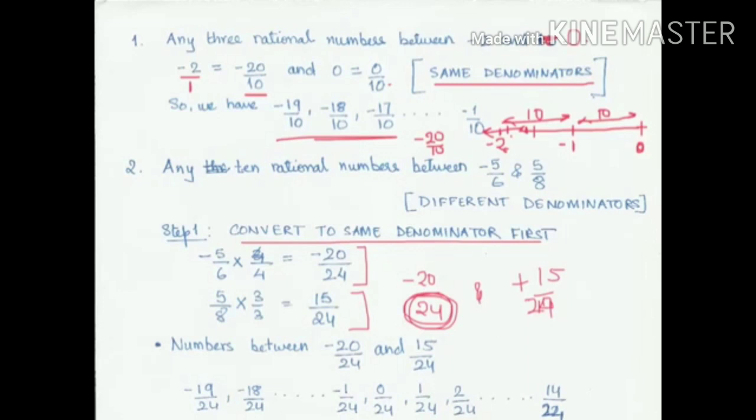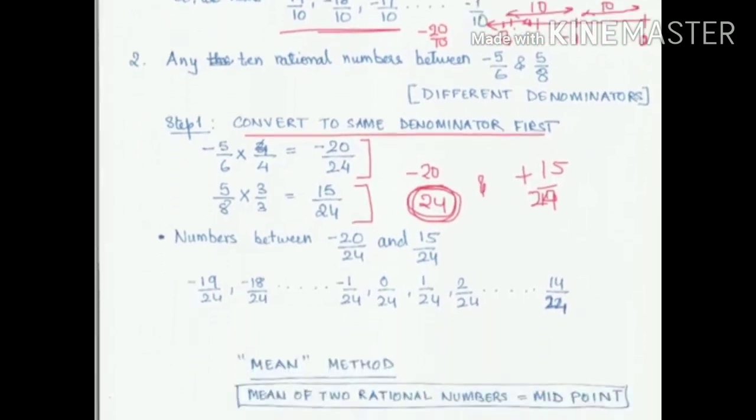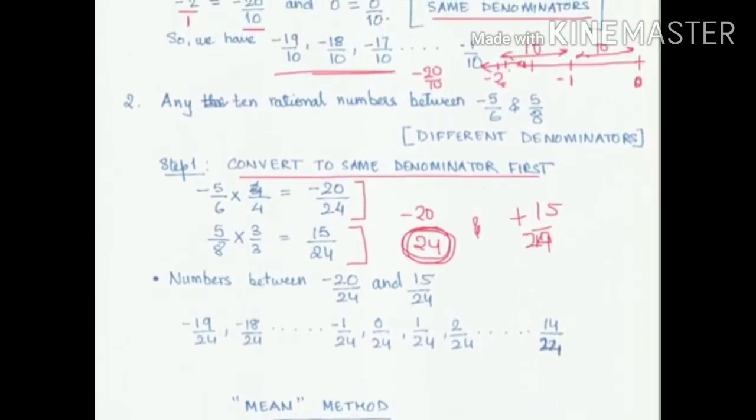So now you can see there are so many numbers available, and you can just pick up any 10 numbers here. In this case, what I have taken is minus 19 by 24, minus 18 by 24, and you can go all the way up to 14 by 24. Any 10 numbers are perfectly valid.